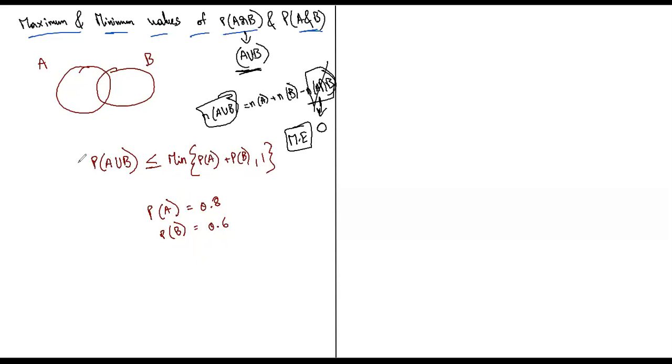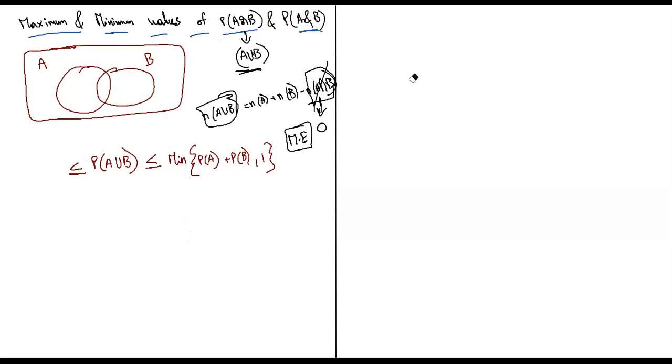What will be the minimum value of A union B? In which case, when will you get the minimum value of A union B? When P of A is equal to P of B. No. Once again, try to think.